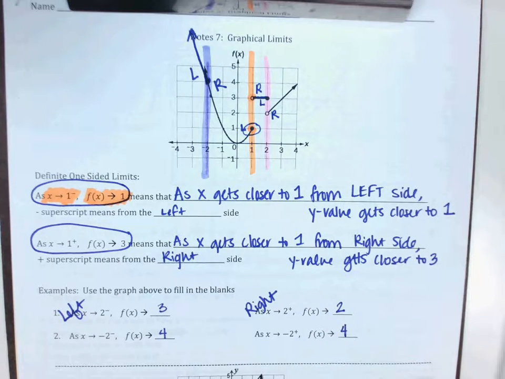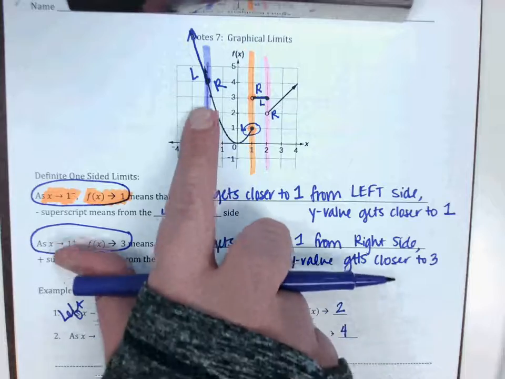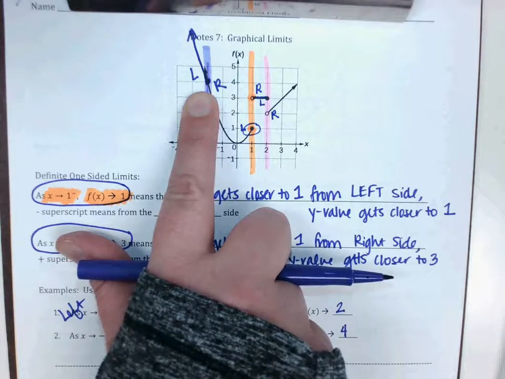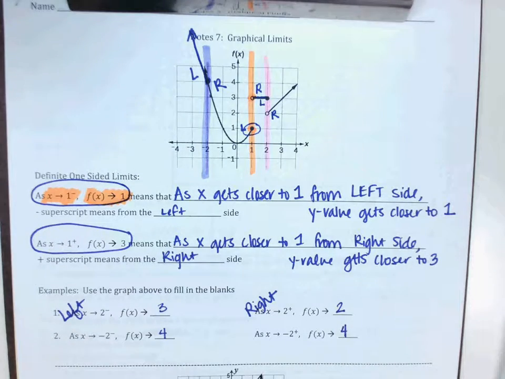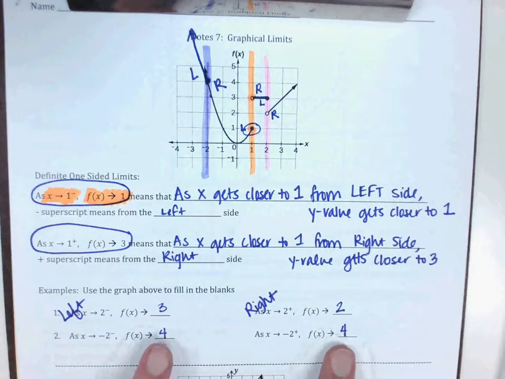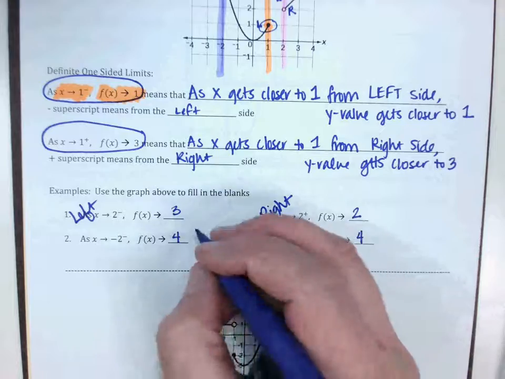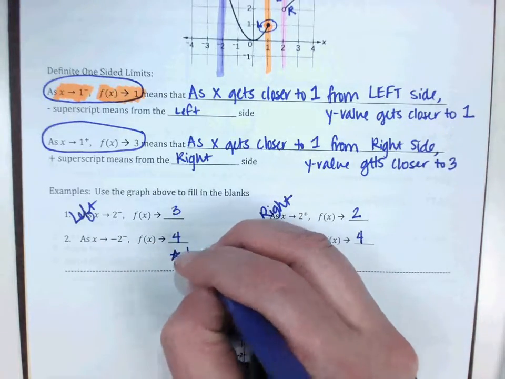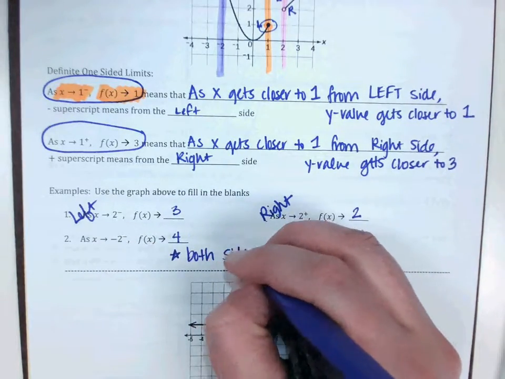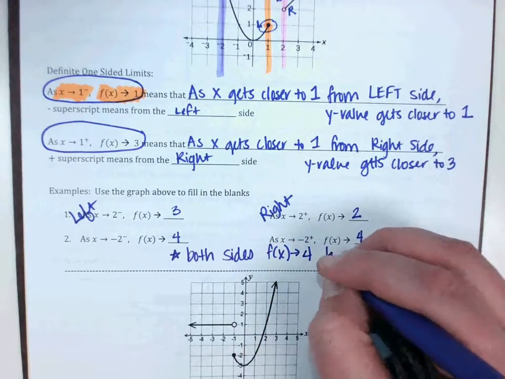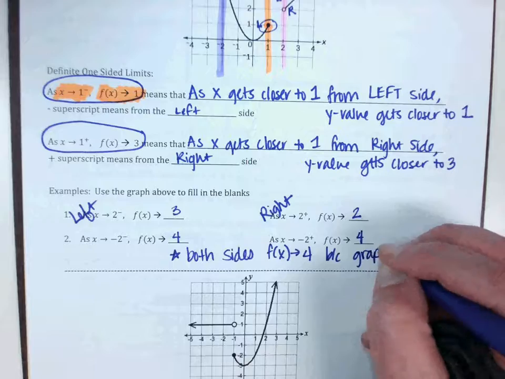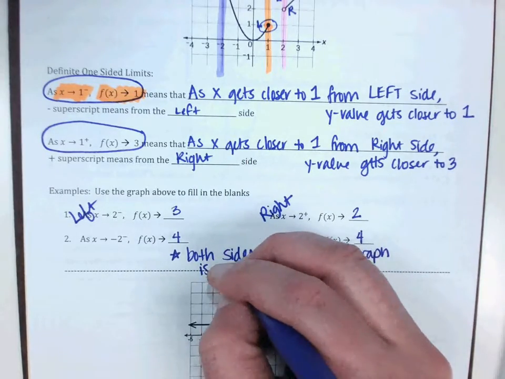What is the graph for this one that makes them the same? Your graph is connected. It's going to the same place. That's why these are the same. So I'm going to put here: both sides f of x approach 4 because graph is connected.